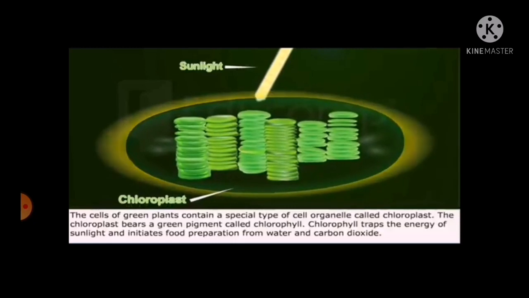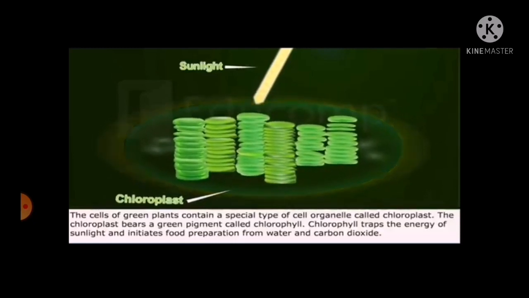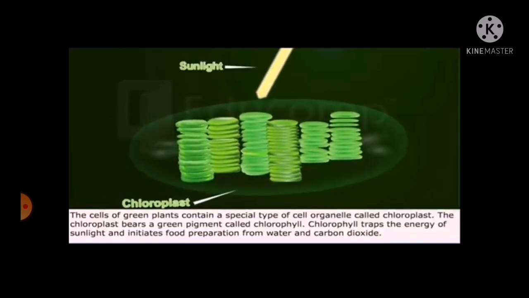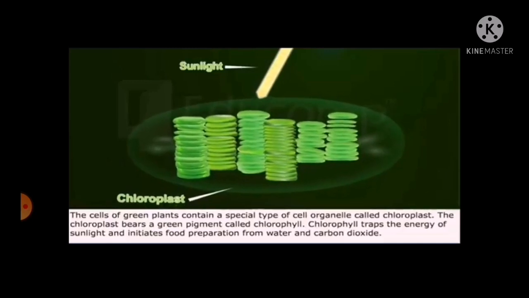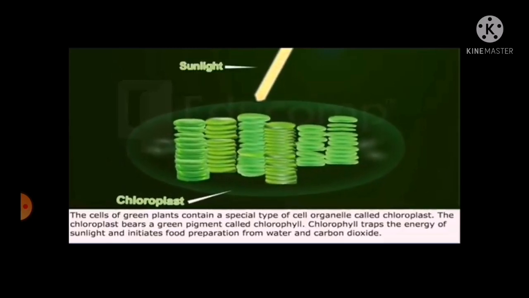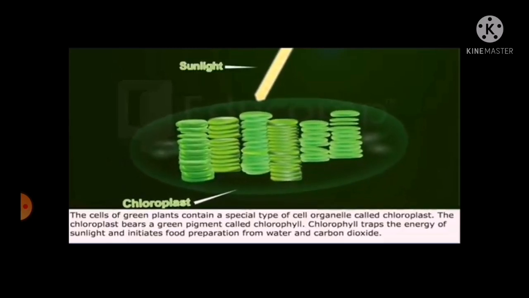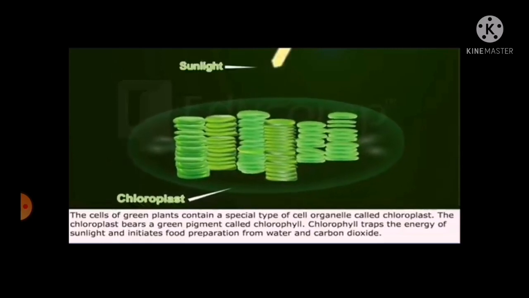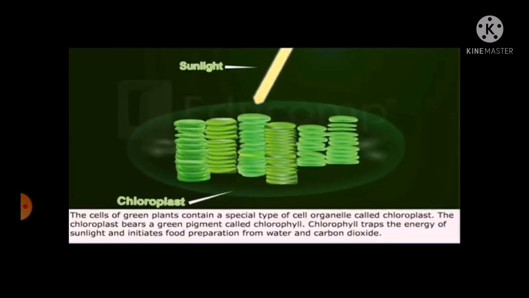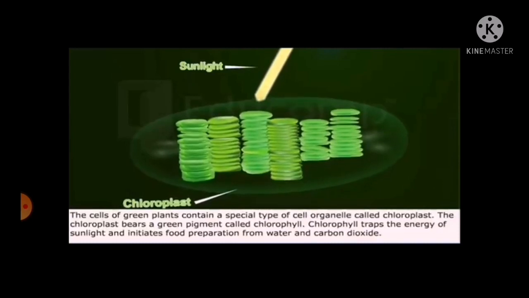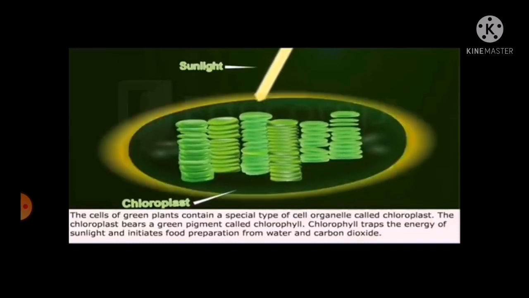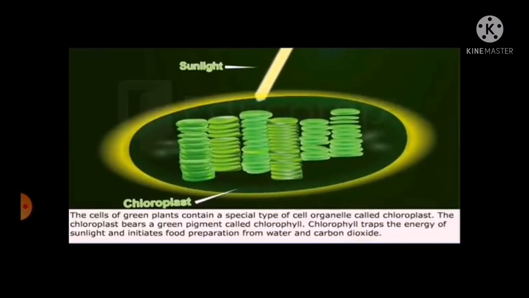The chloroplast bears a green pigment called chlorophyll. Chlorophyll traps the energy of sunlight and initiates food preparation from water and carbon dioxide.